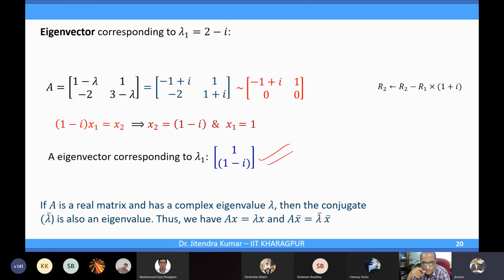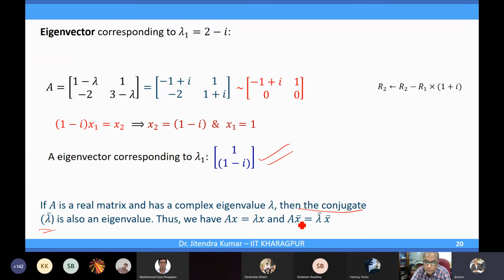The only thing you should note down is that they will be conjugates, because you are getting the roots of that polynomial equation. So definitely you will get the eigenvalues in complex conjugate form. And if we take the conjugate of the previous eigenvector, we'll get the other eigenvector.